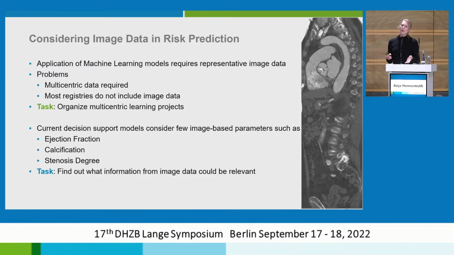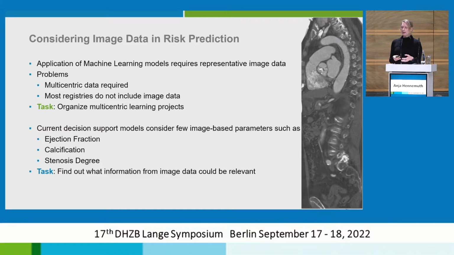So maybe one problem could be that the data used for those risk scores, because it depends on the available data in the databases used to develop the score, is too limited. And in clinical practice, image data is used in addition to plan the optimal intervention. So why not consider the image data in actually giving the advice?